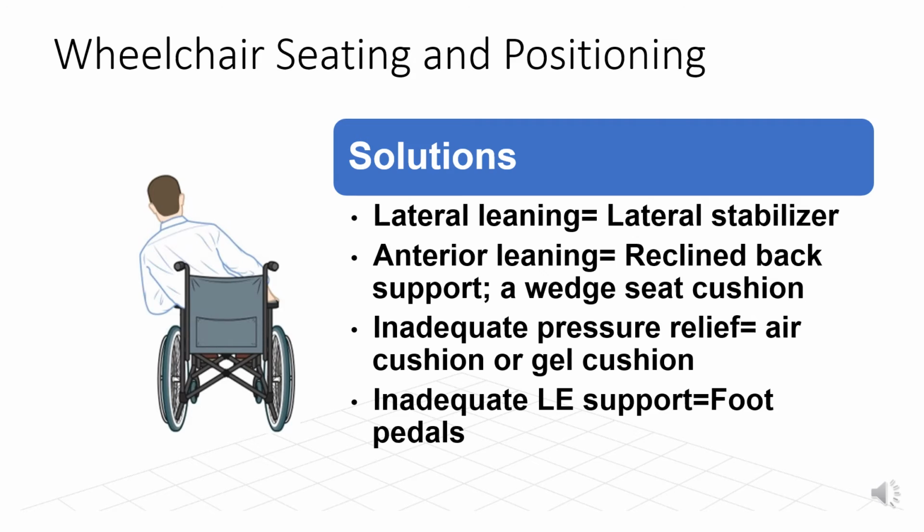For inadequate pressure relief, air cushions or gel cushions tend to solve the problem. And for inadequate lower extremity support, foot pedals or foot pads or foot cushions do help.